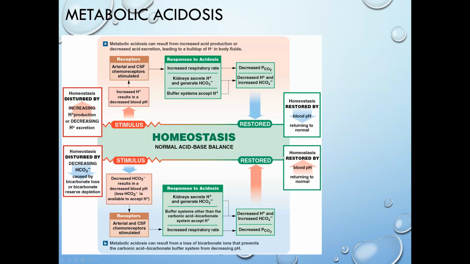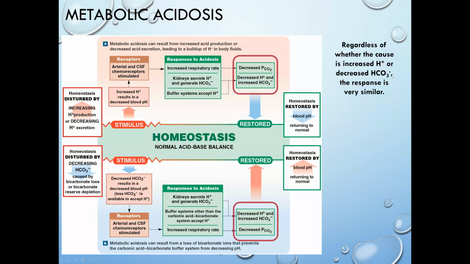So here is a flow chart for metabolic acidosis. So they're actually showing you two sides. So one side is when the problem is caused by an increase in hydrogen ion production or a decrease in hydrogen ion excretion. And the other side is shown if you have a decrease in bicarbonate ion concentration. But if you look closely, it doesn't matter whether the cause is an increase in hydrogen ions or a decrease in bicarbonate ions, the ultimate goal is very similar.